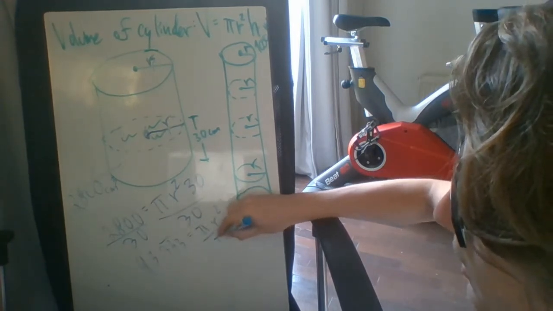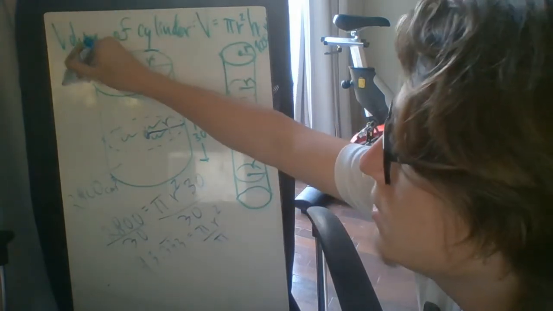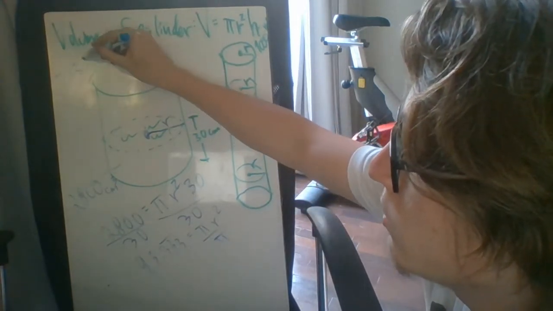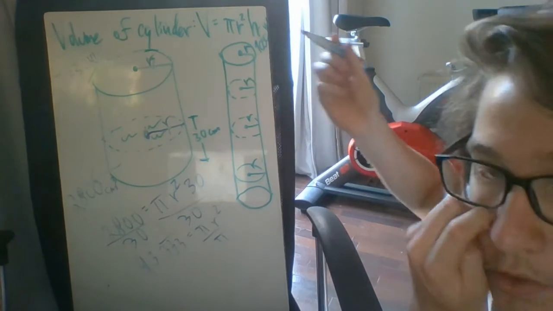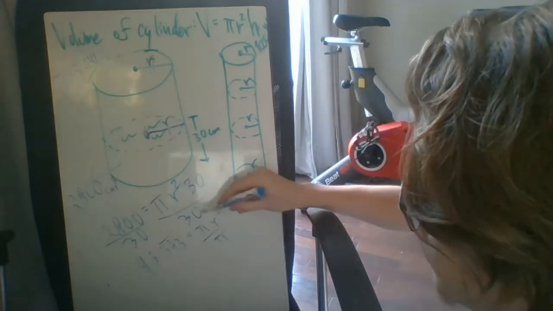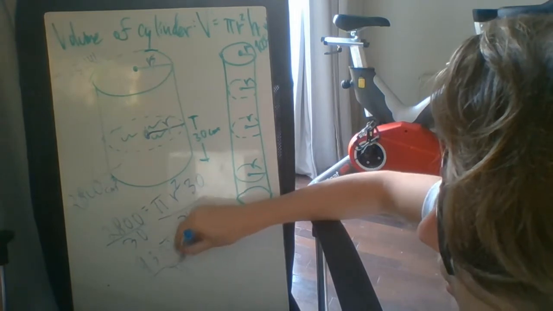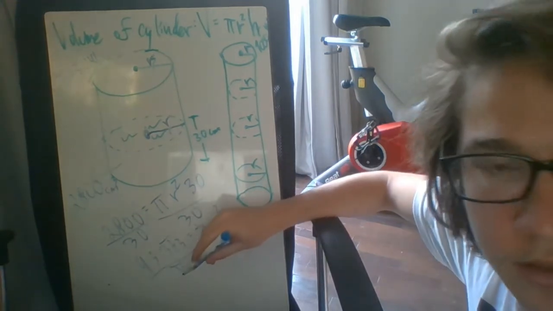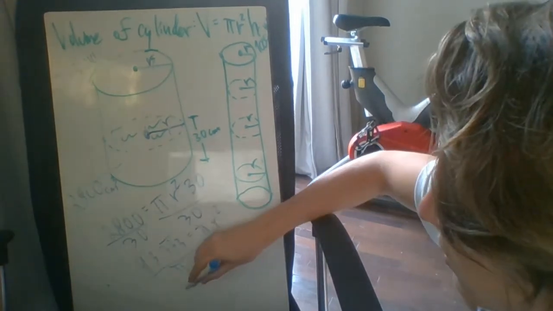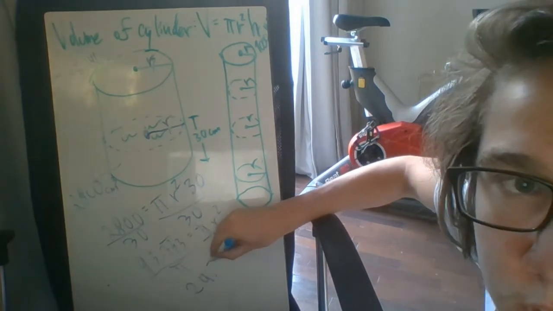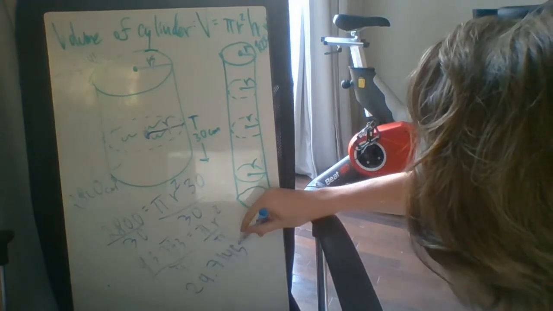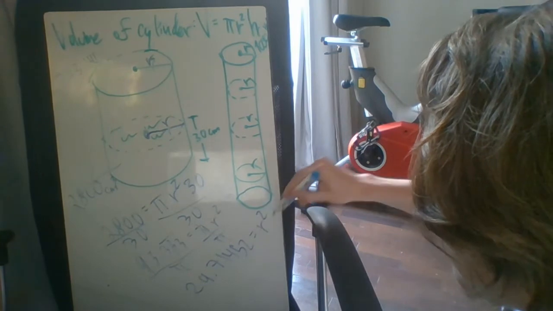We divide by pi, which by the way is 3.141, but it should be in your calculator anyway. Pi goes away here, and this divided by pi is 29.71452 equals radius squared.